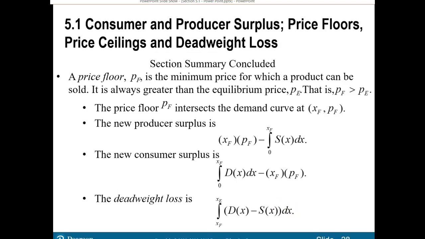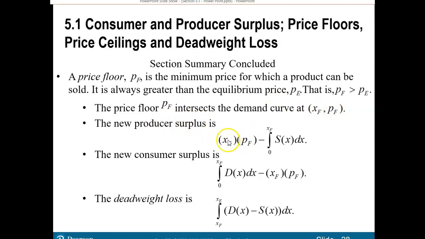All right, if you had been given a price floor instead of a price ceiling, it would have been very similar. Price floor is the minimum price for which the product can be sold. It's always greater than the equilibrium price. The price floor intersects the demand curve at that given value, so you would plug that number into the demand curve and solve for the x.